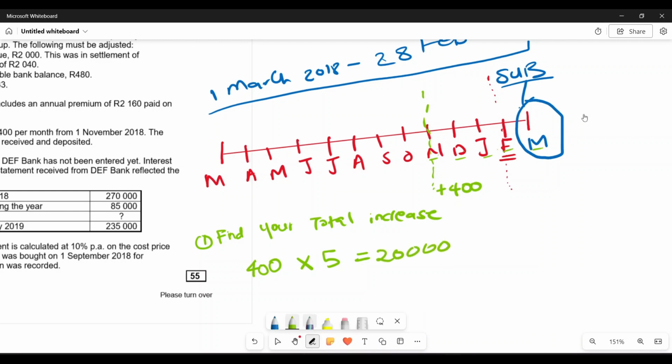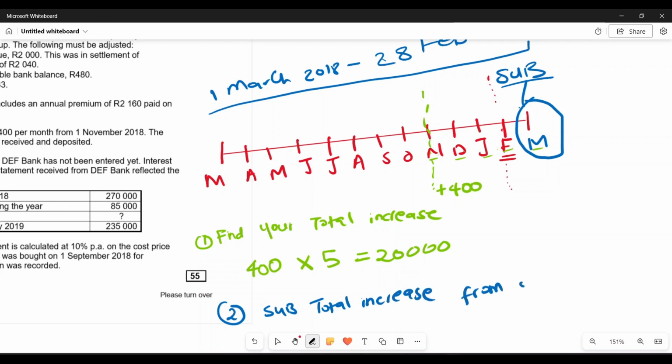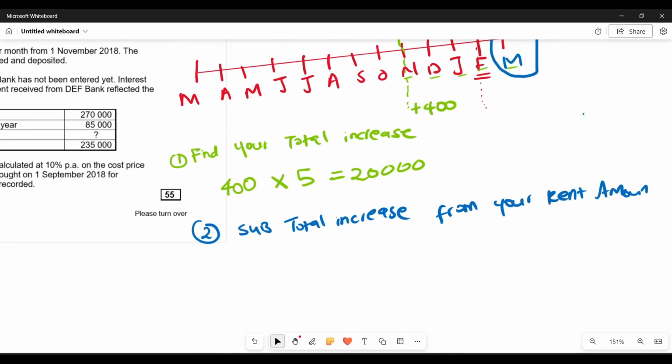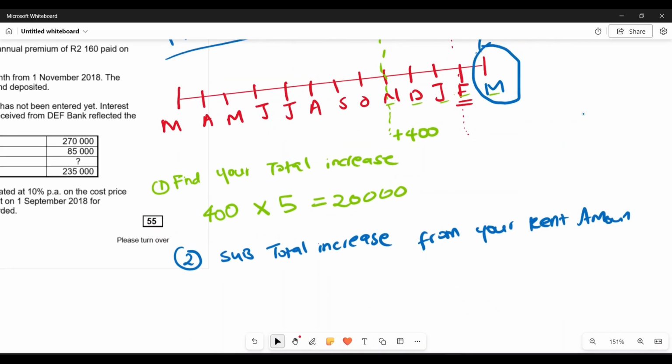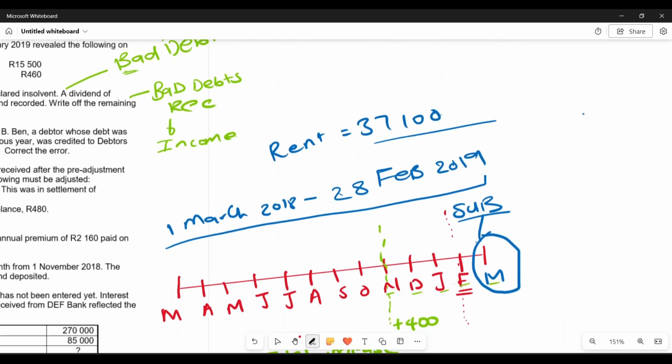Now, what would you do with this total increase? Step 2: you need to subtract your total increase from the rent amount that you're given. Remember the rent amount that I'm given was this 37,100, right?